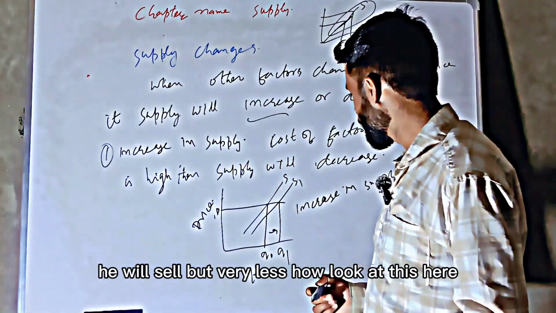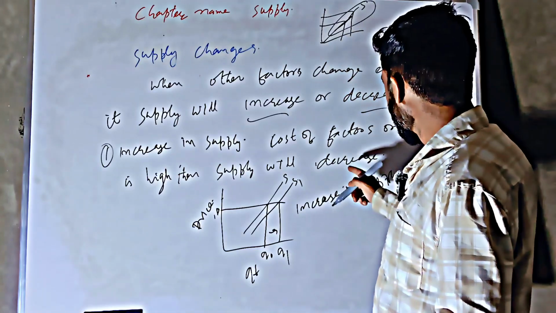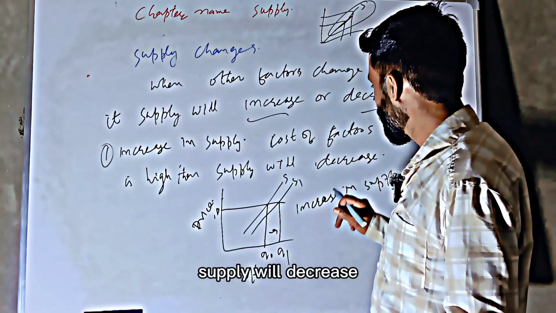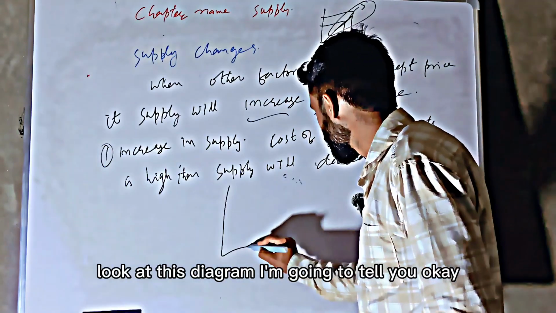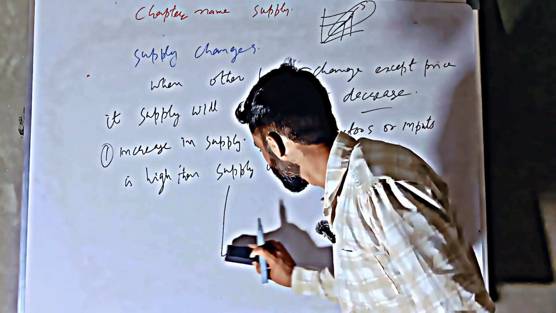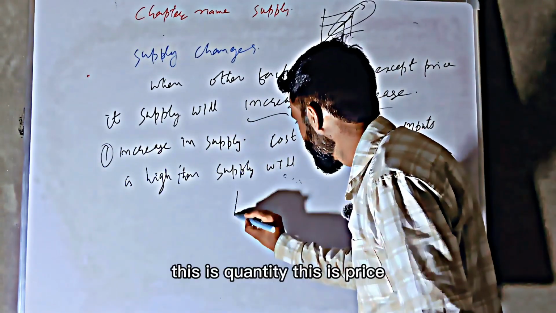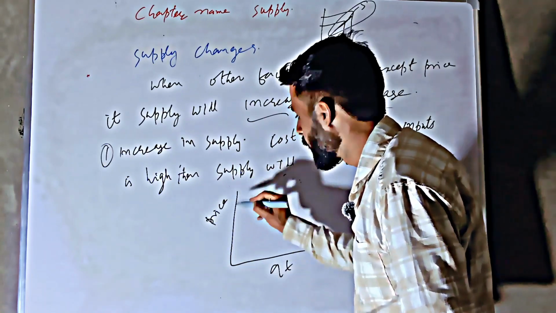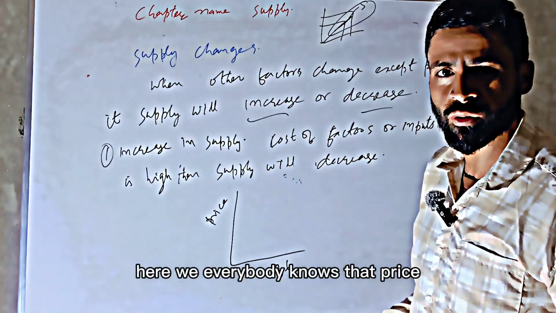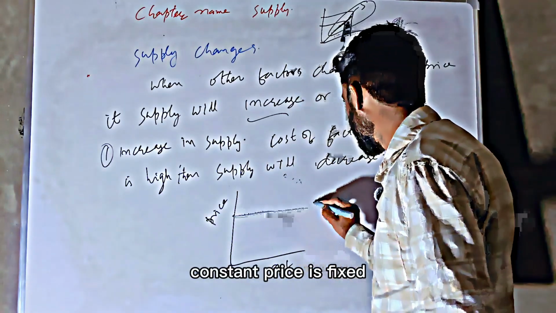How? Look at this here. Supply will decrease. Look at this diagram I'm going to tell you. Okay, this is quantity, this is price. Here everybody knows that price is constant, price is fixed.